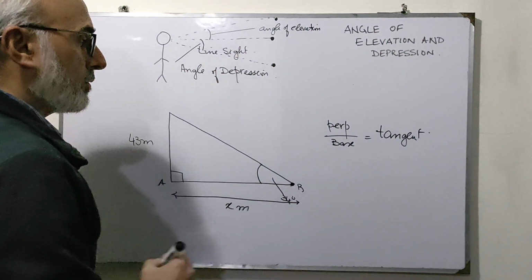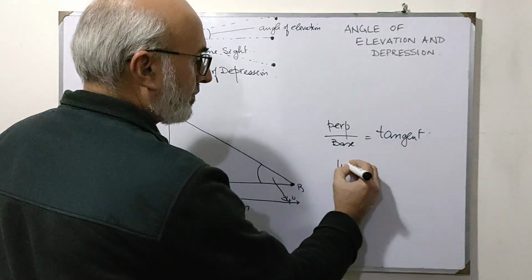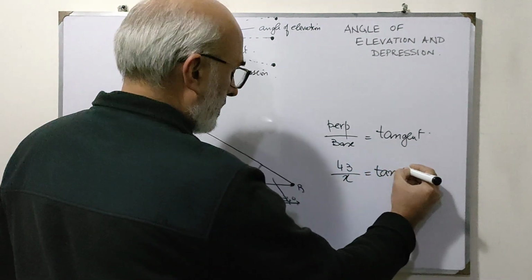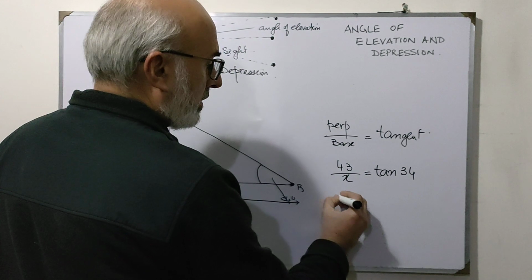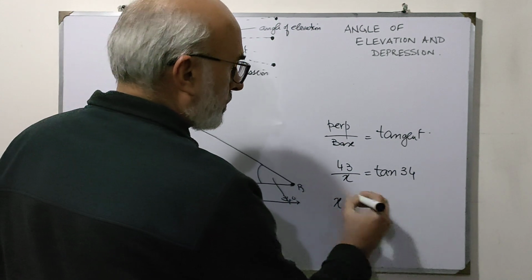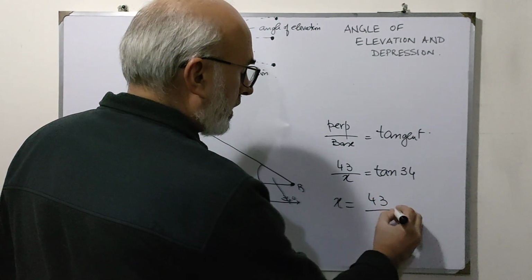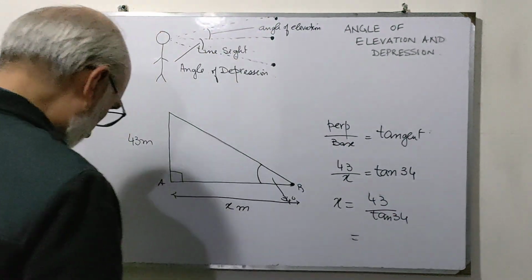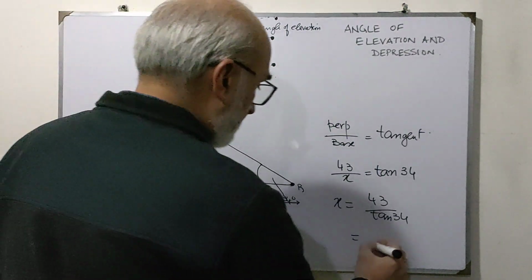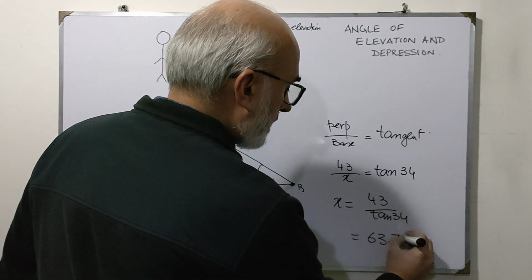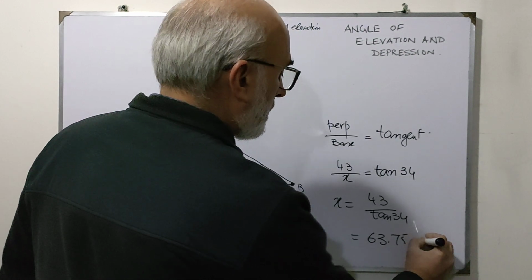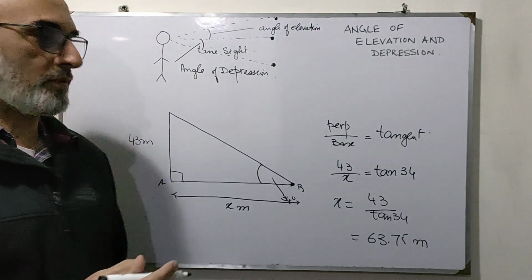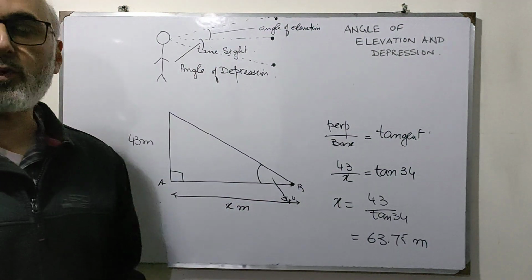This is 43, this is x, this is tangent 34, so x is equal to 43 divided by tangent 34, and it is approximately 63.75 meters. Pretty simple. Using the angle of elevation, now we know the distance between the two points.